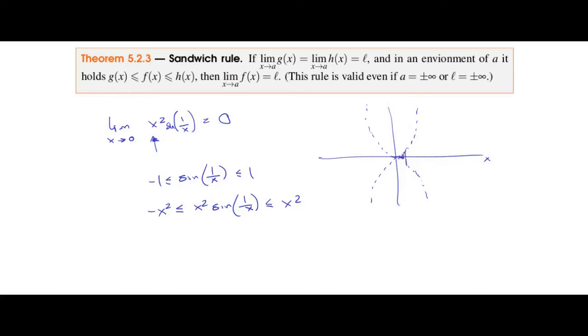It's oscillating a lot, and then it does something like this, and then the other way around. I'm very bad at plotting, but you see the idea. The oscillations are always going to touch the parabolas, because when the sine of 1 over x is minus 1, then it goes like this, and when it's 1, it goes like this, and so on and so forth.